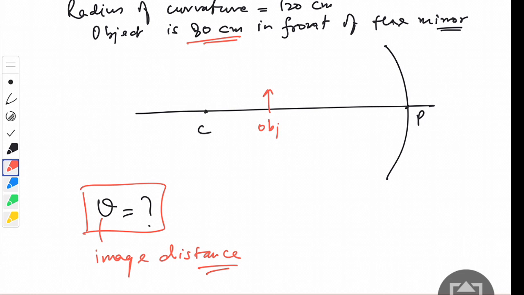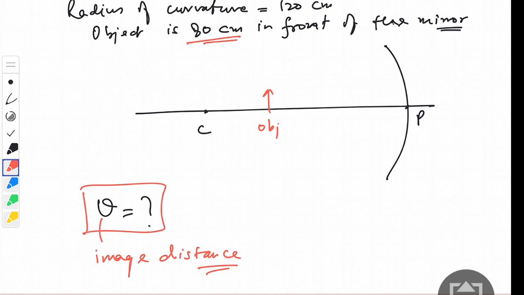Okay guys, so how do we do that? Okay, so Gauri says it's minus 80. Let us do the minus 80.